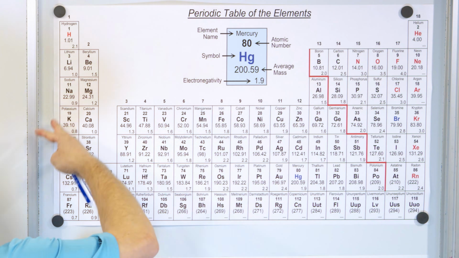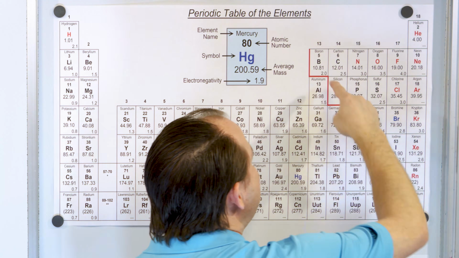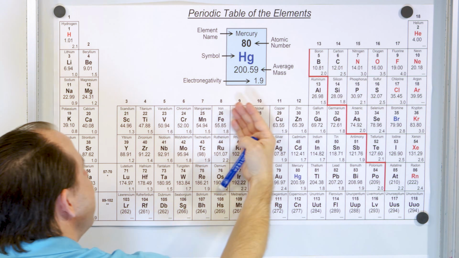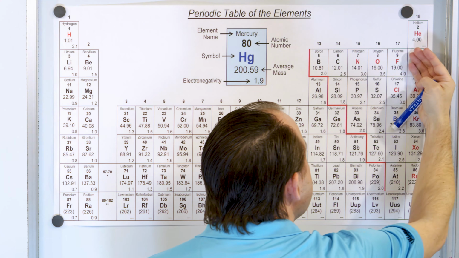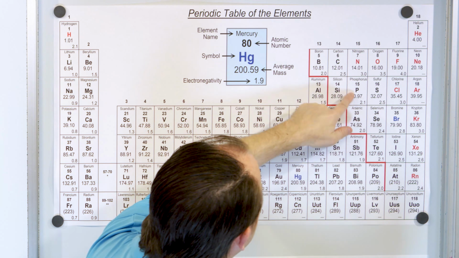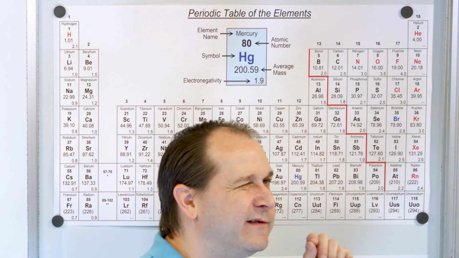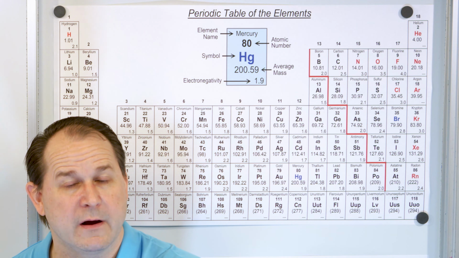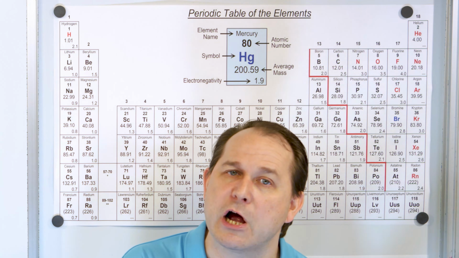Now, between the metals on the left and the non-metals on the right, notice there's this little staircase which divides the metal half of the table from the non-metal half of the table. That's what the staircase is. Now, the elements right on the boundary of the staircase, those are the ones that have some character of metals, but also some character of non-metals.